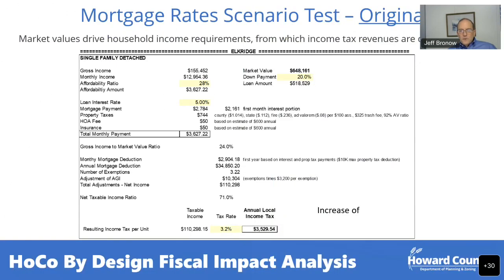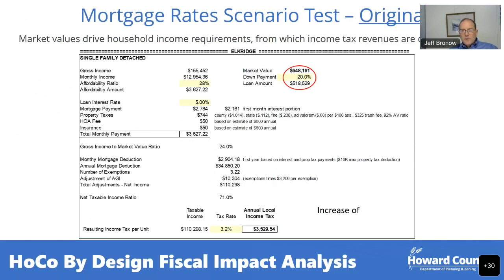As you recall, for the first one, we had this somewhat complicated setup in the model that tries to develop a good methodology for local income tax. Since people that live in the homes need to afford the homes, their income has to reflect that. So we start with the typical market value for a home, and we did this for all 5 planning areas for all housing types.